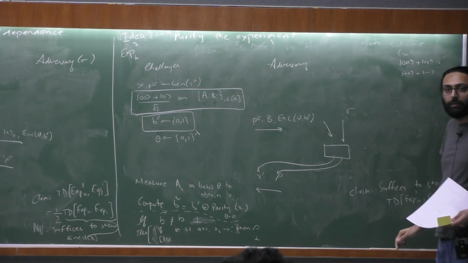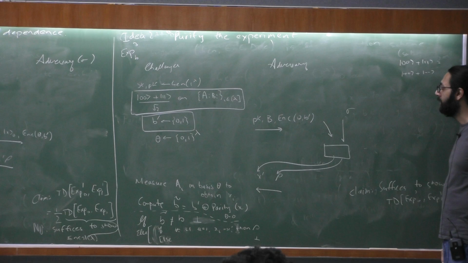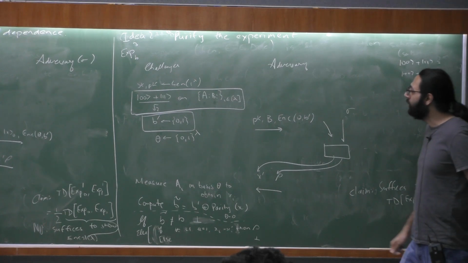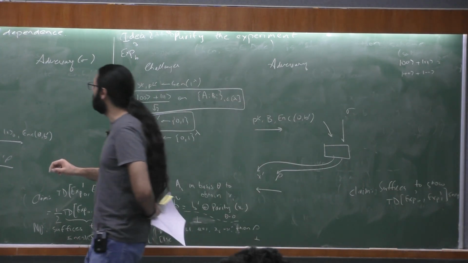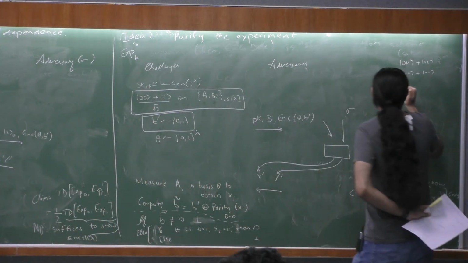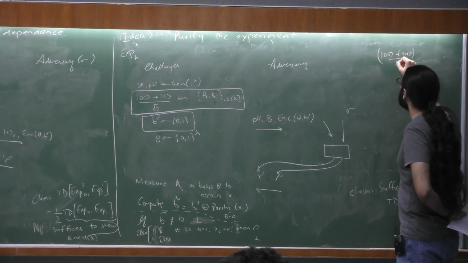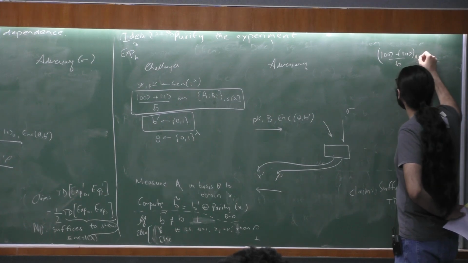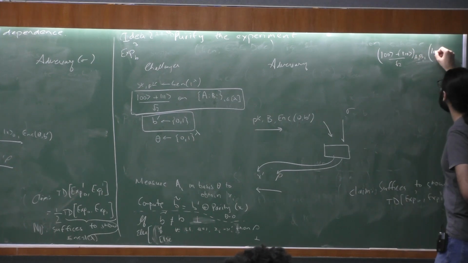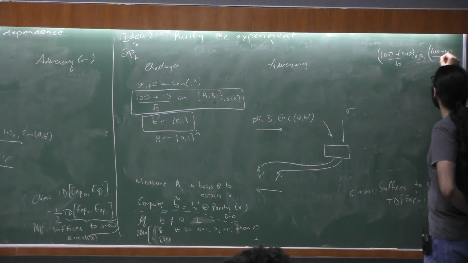Can you just explain the notation, the bell state on A_i, B_i? Yeah, so recall that we said we will define registers. It's just this state: |00> + |11>, and let me write the normalization. So this is A1, B1, then |00> + |11>, on A2, B2, and so on, up to A lambda, B lambda.